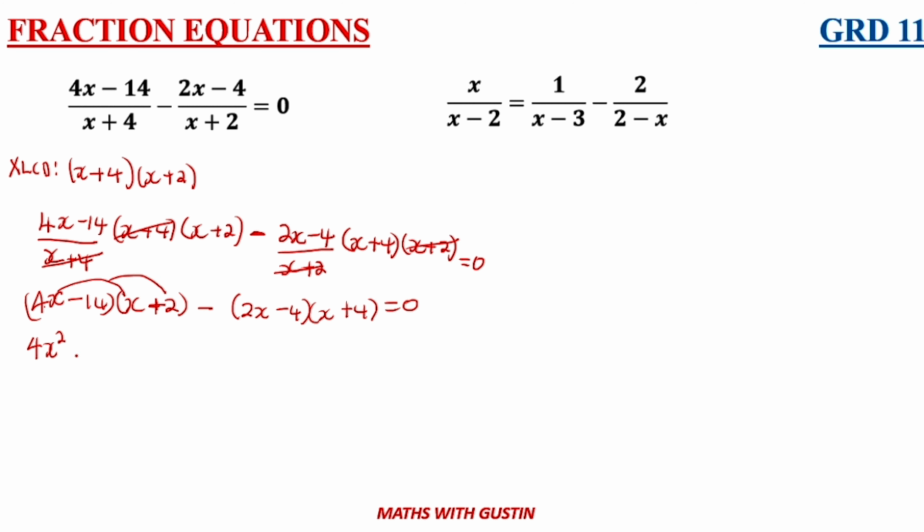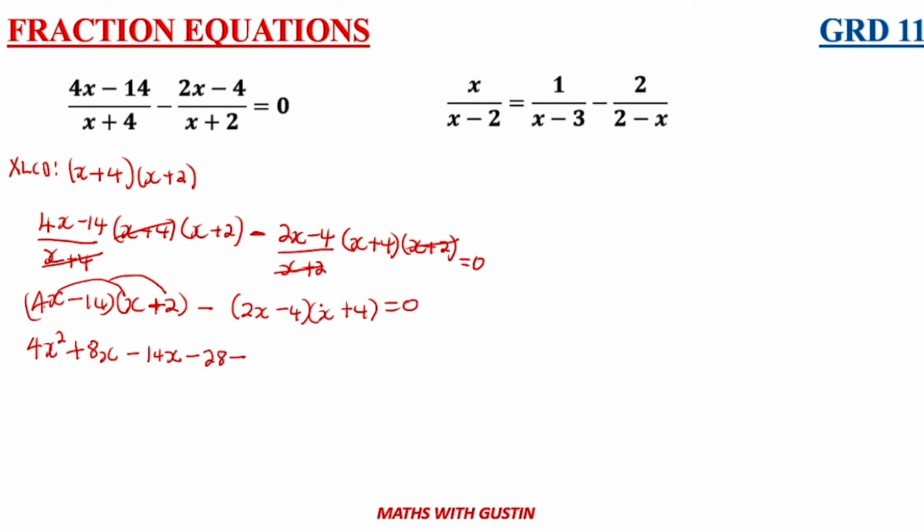Okay, 4x times 2 is going to be 8x. Be careful not to make a mistake here, guys. Minus 14 times x is going to be negative 14x. All right, negative 14 times 2 is going to be negative 28. All right, there's a negative there.